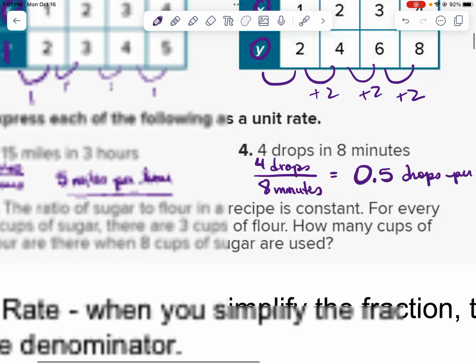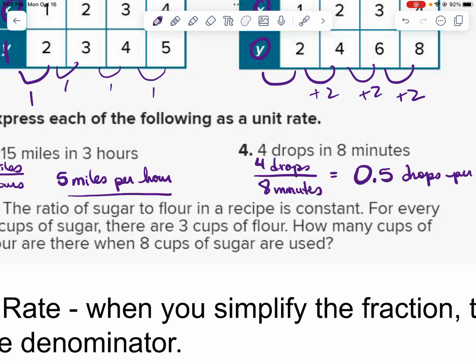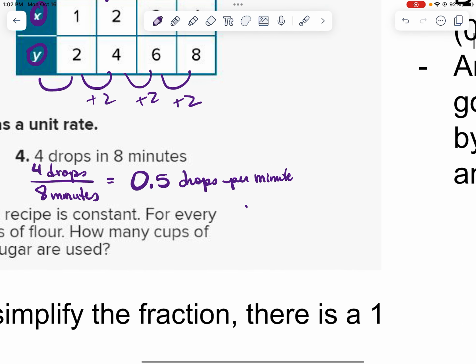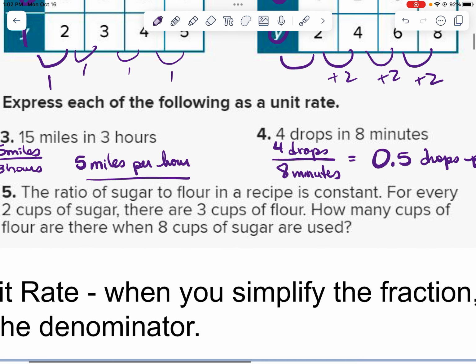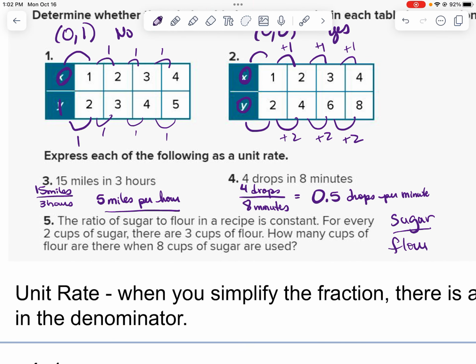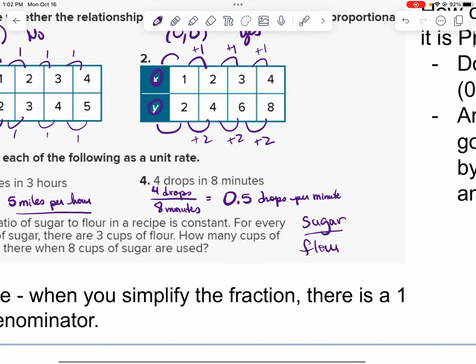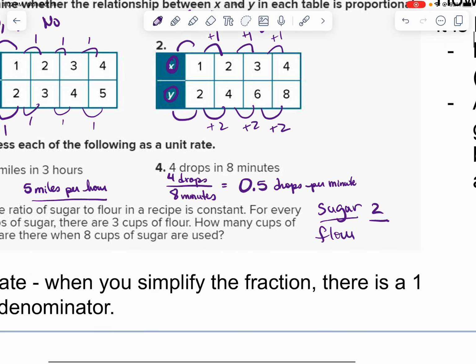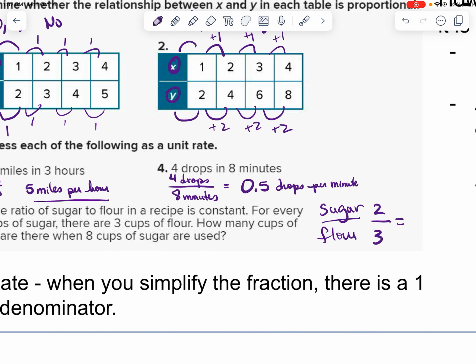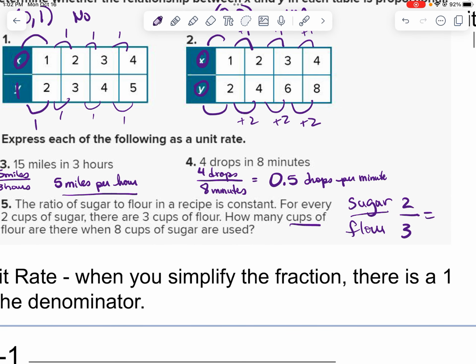Okay, down here, it says the ratio of sugar to flour. So it wants sugar over flour. That's what it said, is constant. For every 2 cups of sugar, there are 3 cups of flour. Okay? Then it says, how many cups of flour? That's what we're looking for.